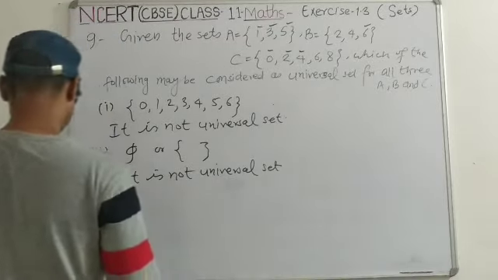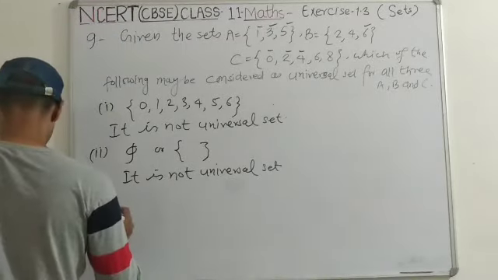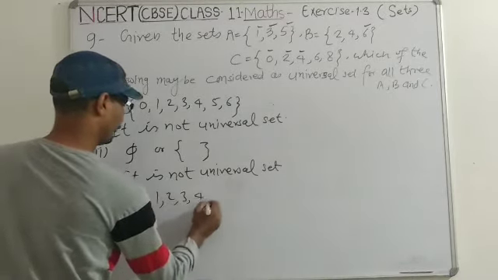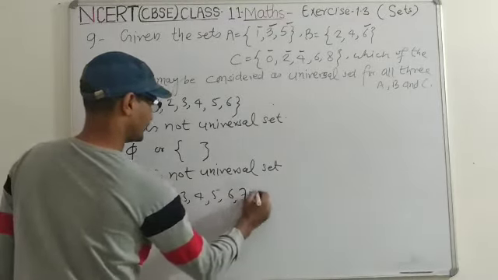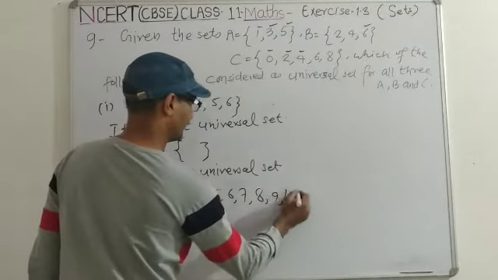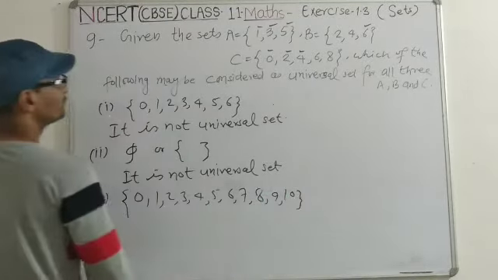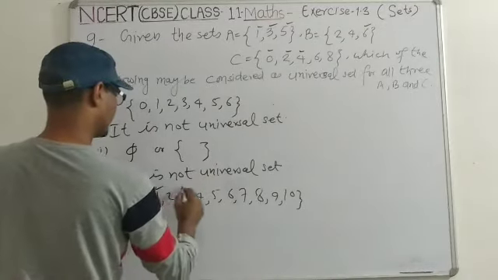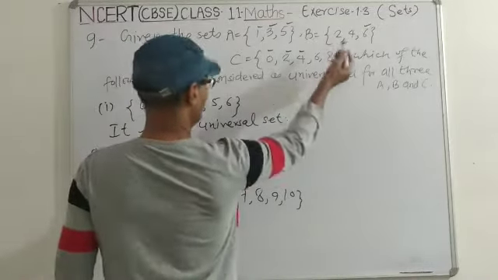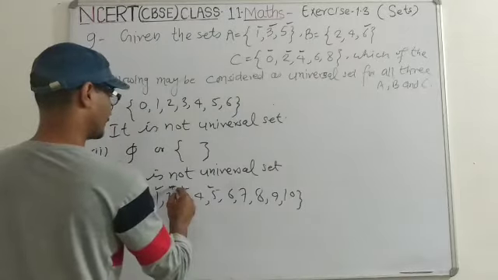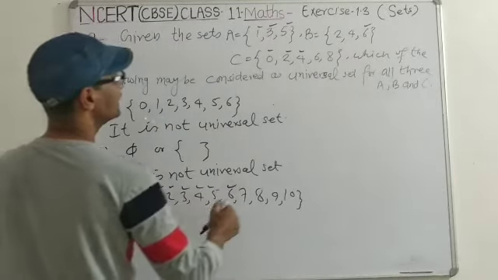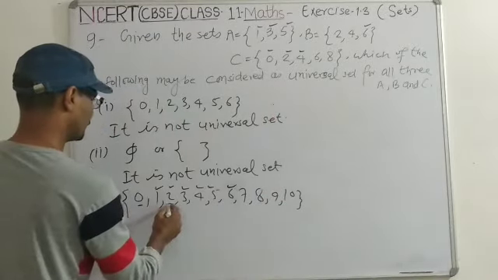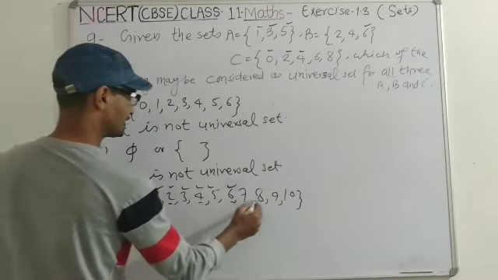Number 3 is 0 to 10: 0 1 2 3 4 5 6 7 8 9 and 10. Here we will check elements of A 1 3 5, B 2 4 6, and C 0 2 4 6 8.